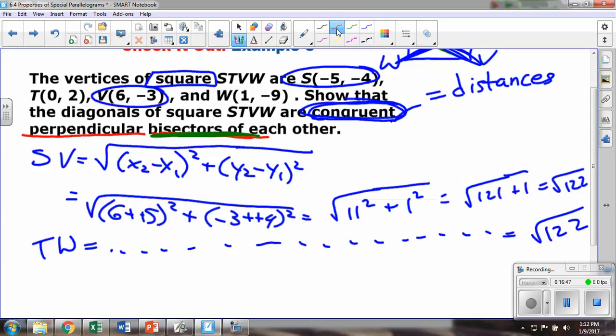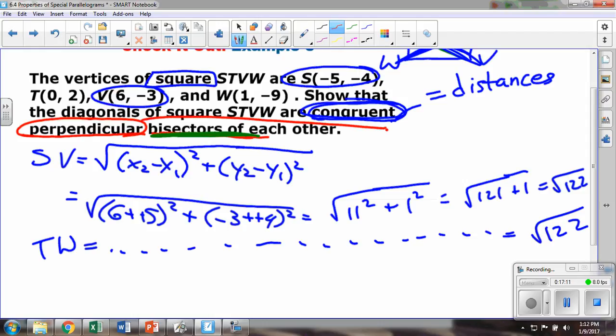Taking our second step, showing that they are perpendicular. Well, keep in mind, how do you know things are perpendicular in the plane? We know that they are perpendicular when they are opposite reciprocal slopes.